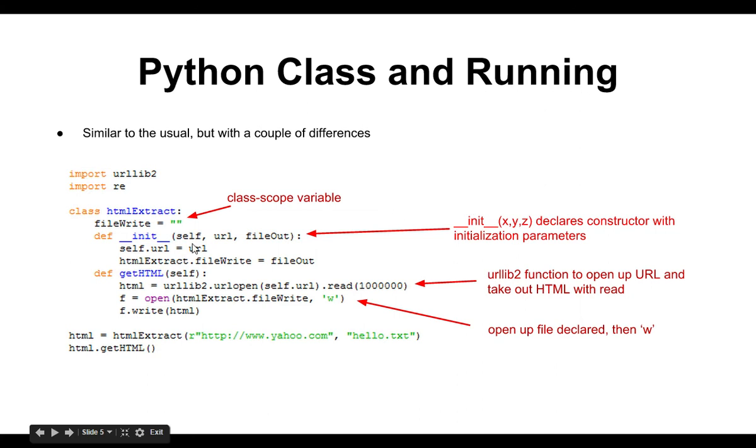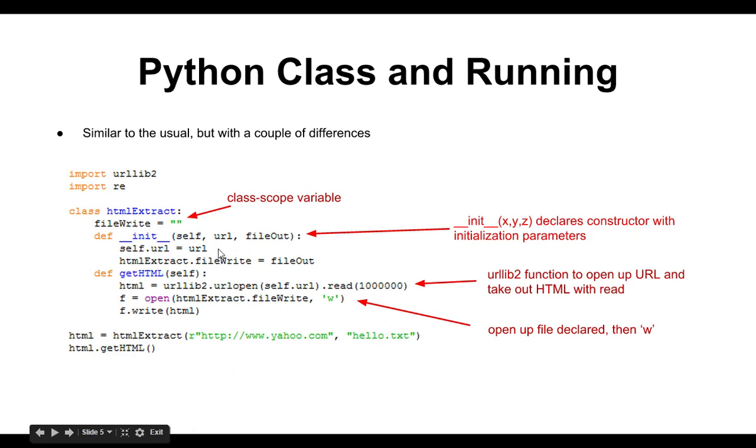And then there's also the self-scope variables, which are declared inside of the functions and also required to be inside parameters, as you can see in both of these functions right here. And there are also global variables, which are basically static variables of Python that every single class instance will share.